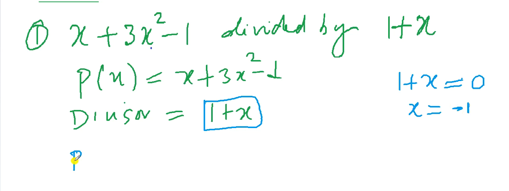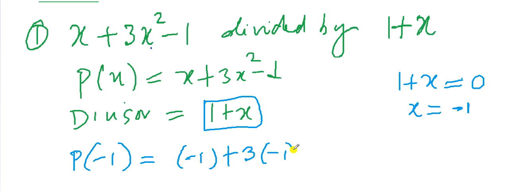So you will find p of negative 1. That means wherever you have x, you will just substitute: 3 times negative 1 square minus 1, which will be negative 1 plus 3 is plus 2 minus 1 is 1.